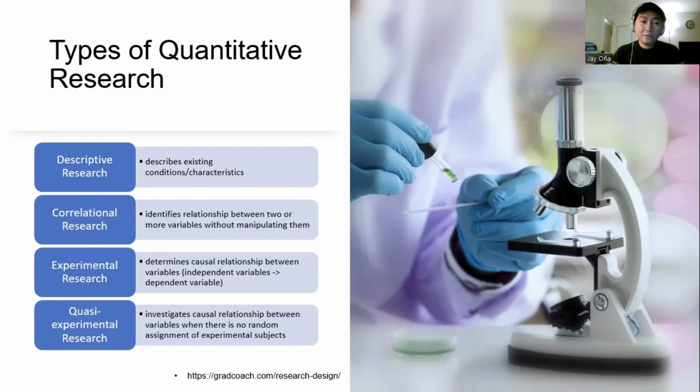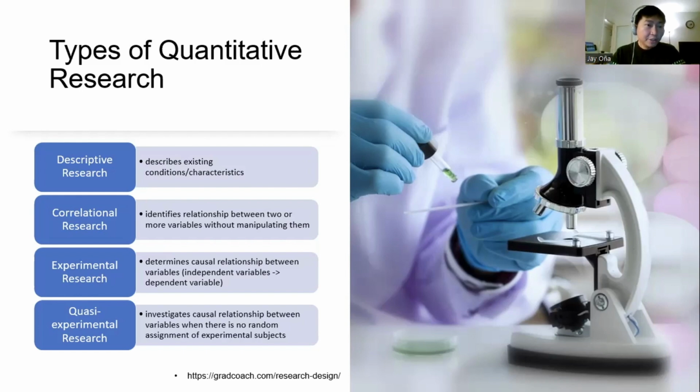So we have the so-called independent variables, which we manipulate or control, and the dependent variable, where you take the results or the outcome of the manipulation on the independent variables. So in the end, you want to see if the controls that you did on the independent variable had an effect on the dependent variable. So that's experimental research, and that's what we're gonna talk about today.